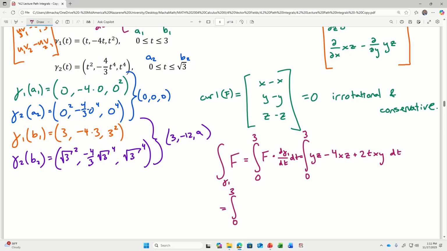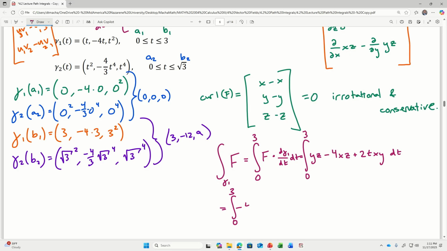All right, now I've got this antiderivative with respect to t, this integral with respect to t. What do I do with all the x's and y's and z's? Replace them with what? t, -4t, and t squared. So I'm replacing the y with -4t and the z with t squared.